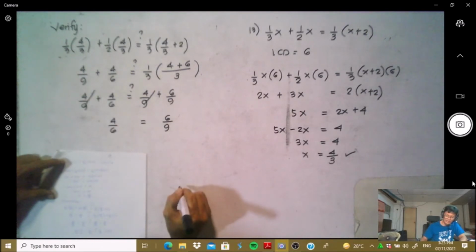So how are we going to reduce this to lowest terms? We have to divide.